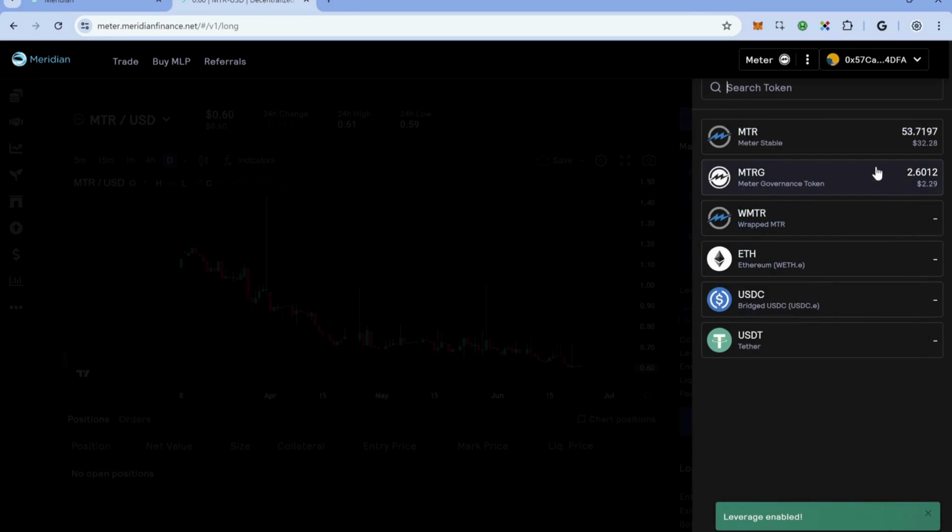We could also, if you have other assets in your wallet, Meter G, ETH, USDC, Tether, Wrapped Meter. Those are all the tokens that are currently available for trading on Meridian Trade on Meter. As time goes on and we feel more comfortable with other assets, we might add that as well. But for the time being, we like to stick with the basics, network tokens, ETH, and of course, stable tokens.